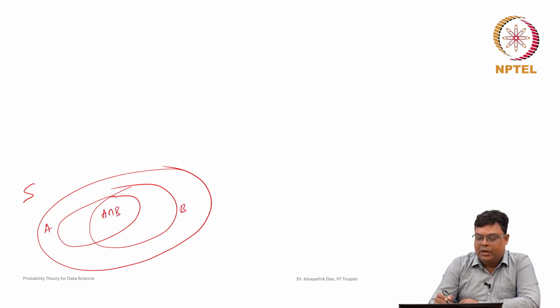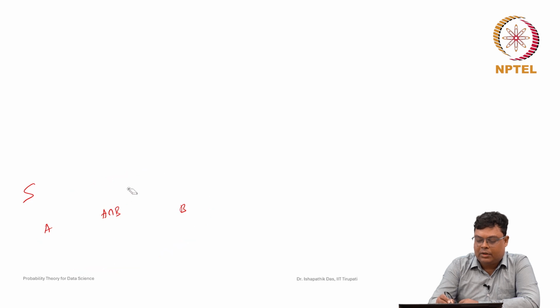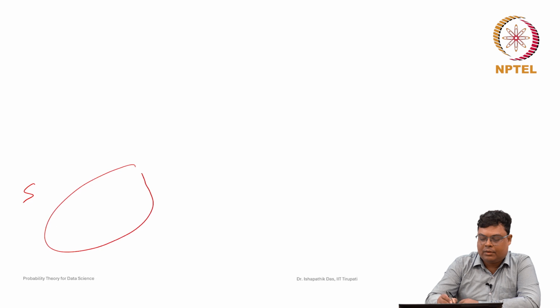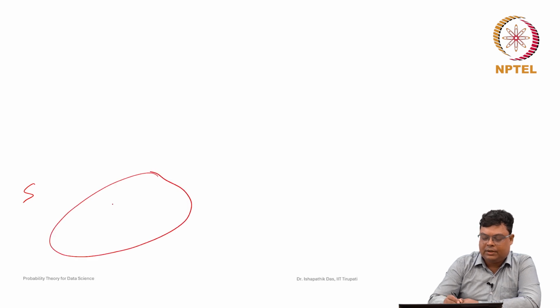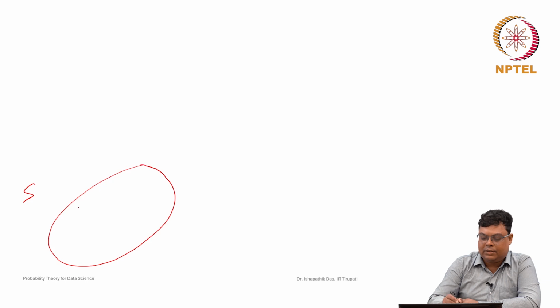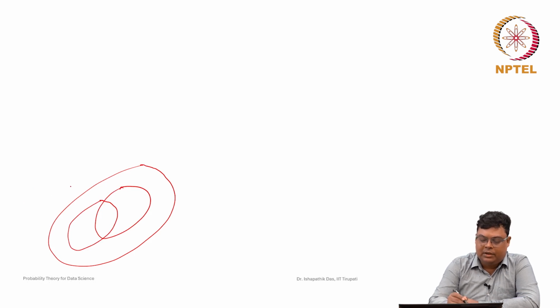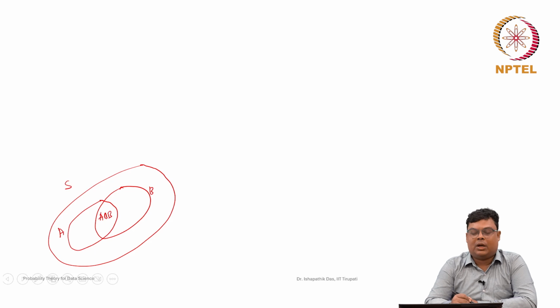Suppose this is S, this is A, this is B, and this is A intersection B. Now we want to represent A union B as a union of 3 different disjoint sets.